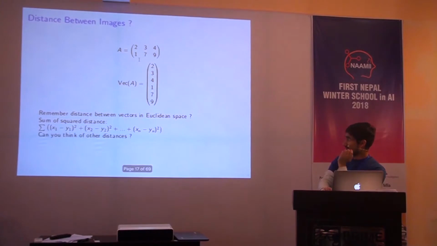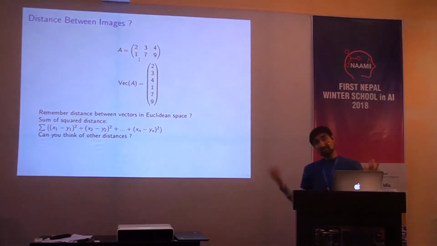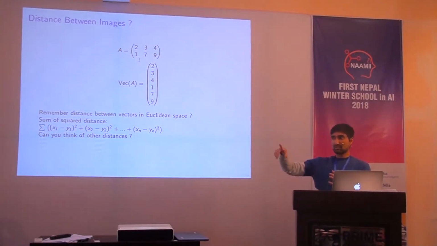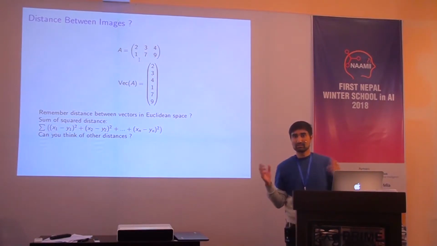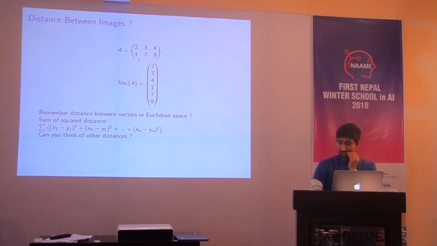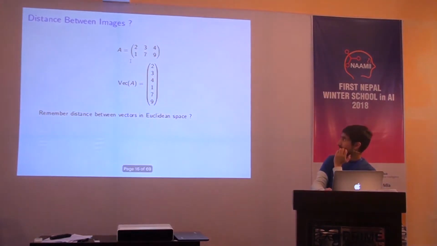So this is what we explained. Can you think of other distances? I think some of those distances you learned this morning or yesterday when they talked about the L1 norm, L2 norm, so norms, right? Let's go back to the images.